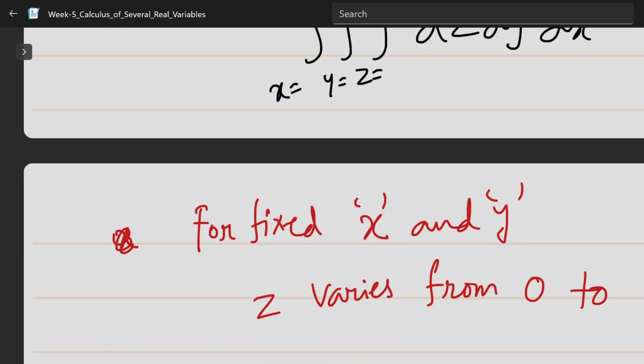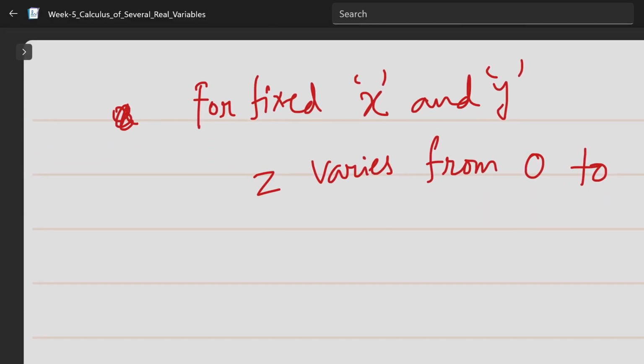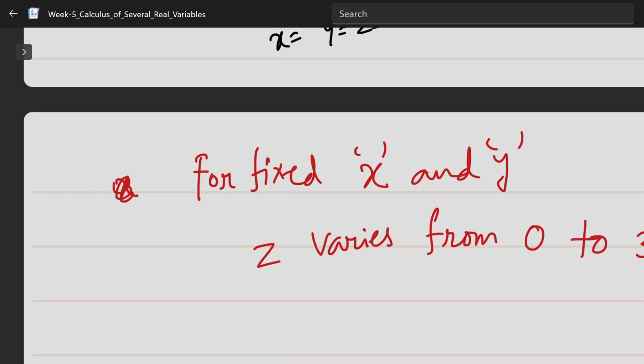So for fixed x and y, z varies from 0 to where? 0 to 3 into 1 minus y by 2 minus x. Do you understand why it is this? I will write it again: x by 1 plus y by 2 plus z by 3 is 1.